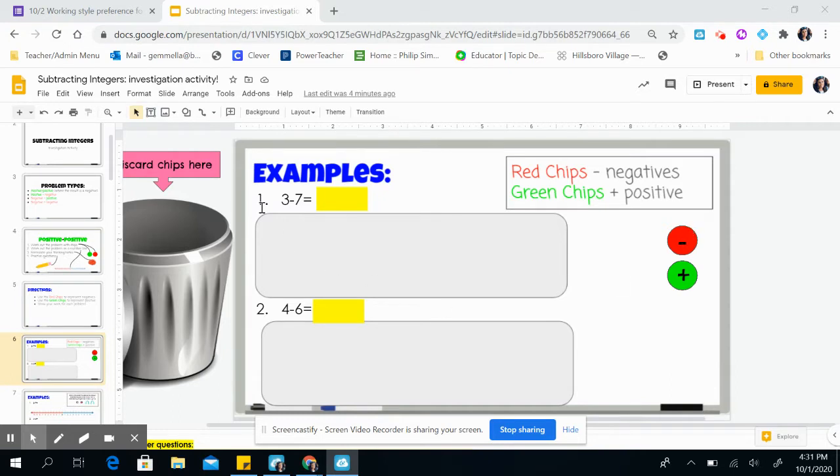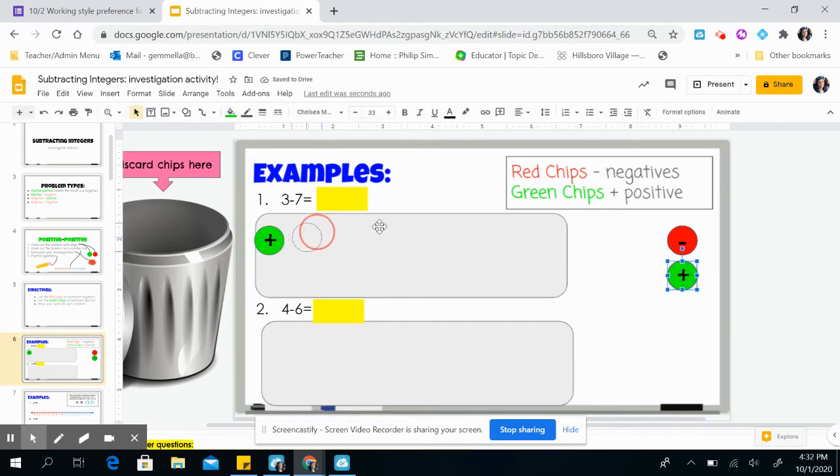Okay, so problem number 1 is the one that we're going to do together. So it says positive 3 minus positive 7. So I'm going to click and drag 3 positive chips onto my mat. 1, 2, and 3.